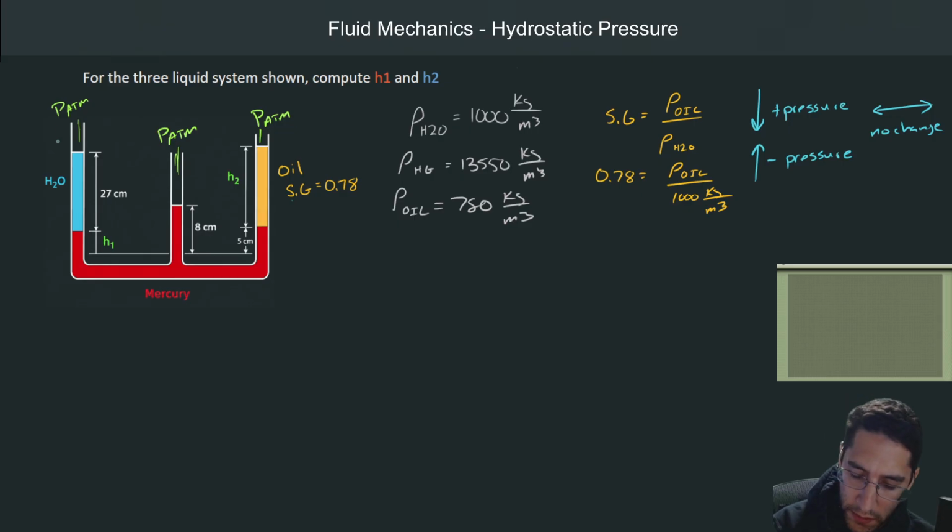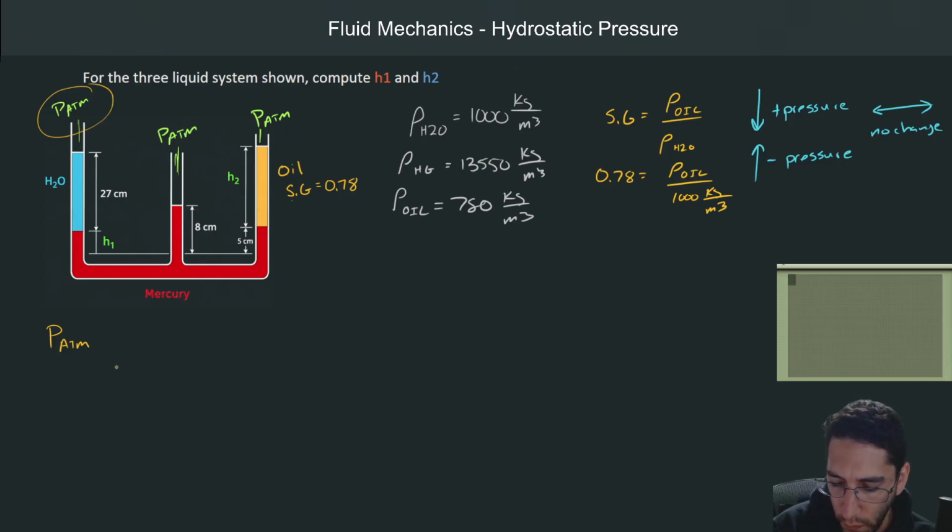All right, so I want to figure out what H1 is. I'm going to start with this pressure right here and work my way down to this pressure. So I'm going to start with atmospheric pressure, P ATM.